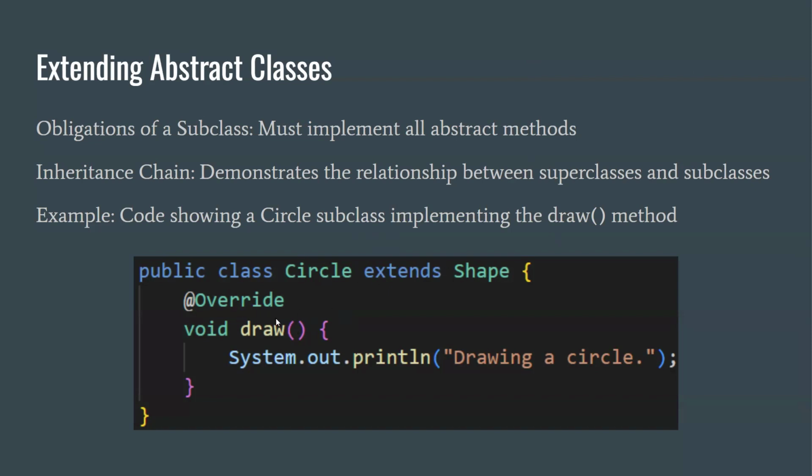You can see how circle provides the specific implementation of the draw method. So this requirement ensures that any object of type circle knows exactly how to draw itself, fulfilling the contract established by its superclass shape.